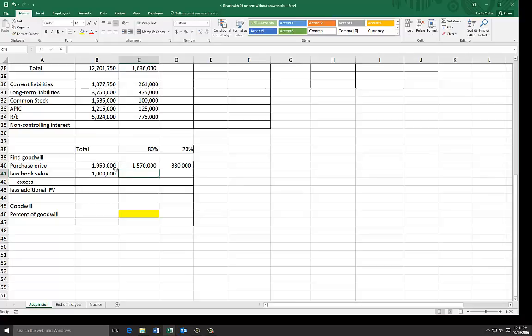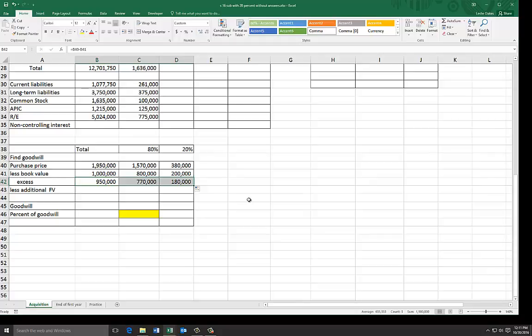And of course 80% of that would be $800,000, and 20% is $200,000. Leaving us with an excess of $950,000 for the entire subsidiary, $770,000 and then $180,000.